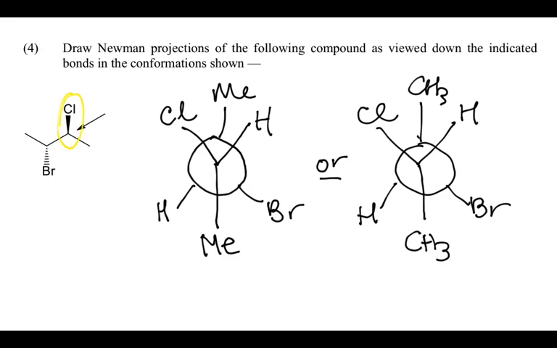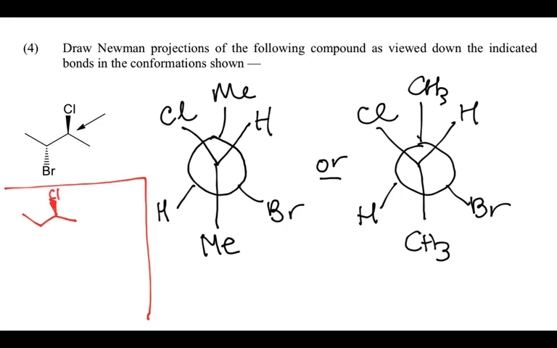No, it depends how you look at it. So let me show you. If we looked at the same compound, I'll do it in a different color so it doesn't confuse people. If we look at the same compound from the other direction, then it will actually be on the right.